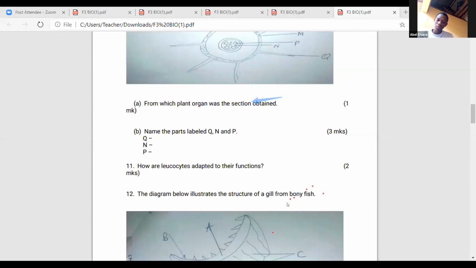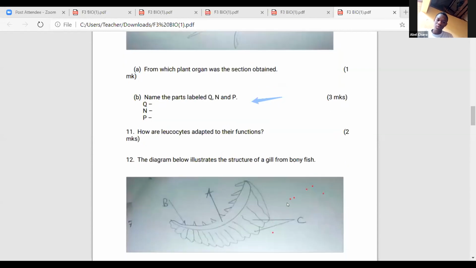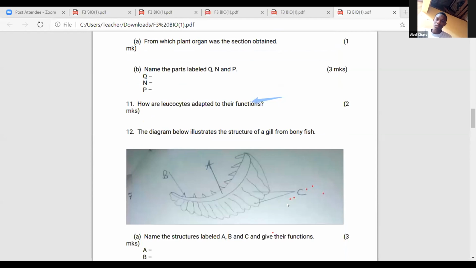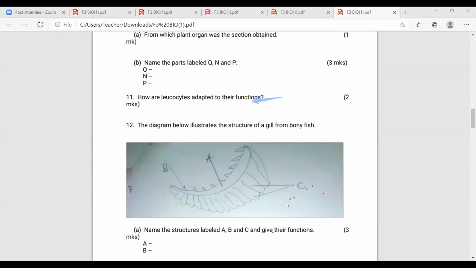Let's continue, somebody else to read the next question. Question 12, two questions, somebody. Who is taking us through question 12?